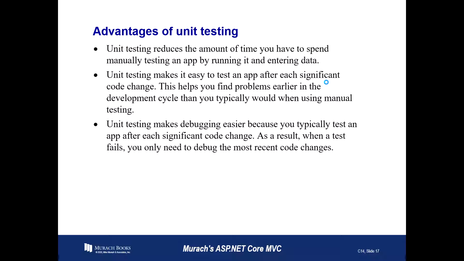Here are some advantages of unit testing. It reduces the amount of time you have to spend manually testing. So if you're in the testing phase of your project and you've done a bunch of unit tests already, you already know that the bulk of your code works. It makes it easy to test an app after a significant code change.